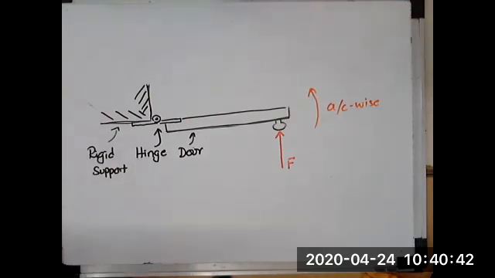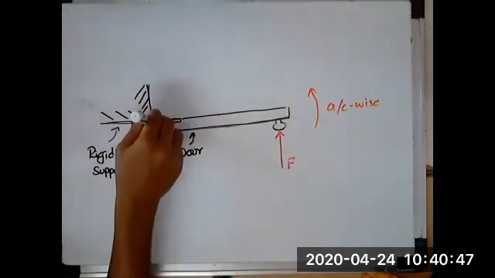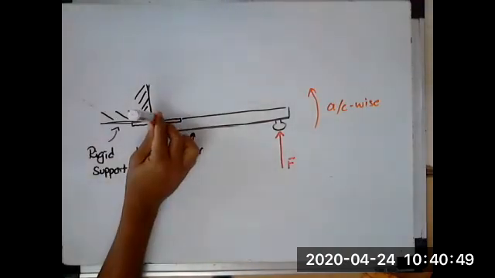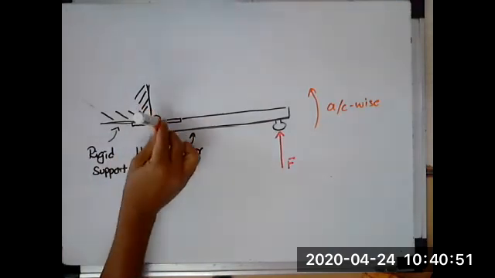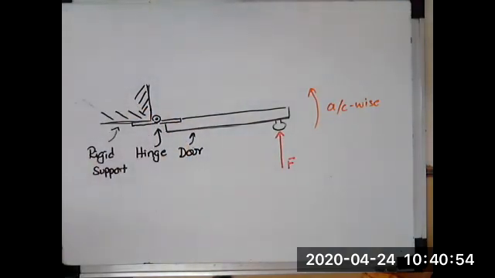And so coming back to the problem, the force is applied there. The axis of rotation is over here. It's through this hinge, coming out towards the camera, out of the whiteboard.